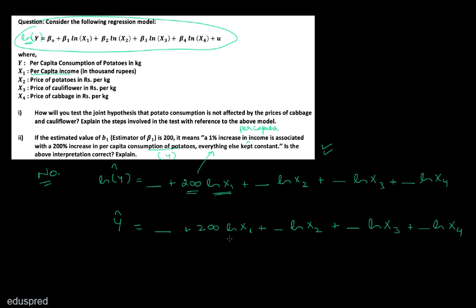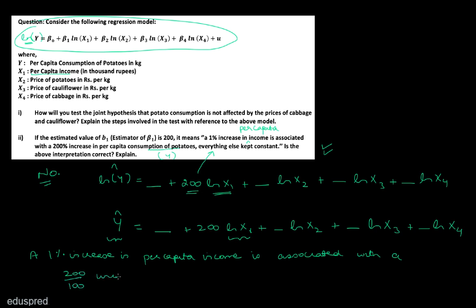In this particular case where you have a log over here and you do not have a log on the dependent variable, the interpretation is a 1% increase in per capita income is associated with a 200 divided by 100 units increase in per capita consumption of potatoes, which I'm just going to write as y. Everything else kept constant.